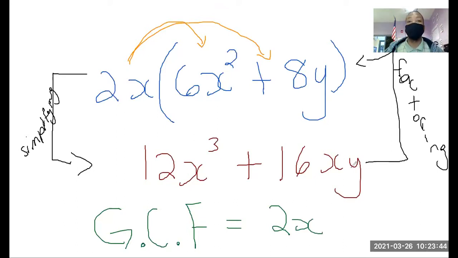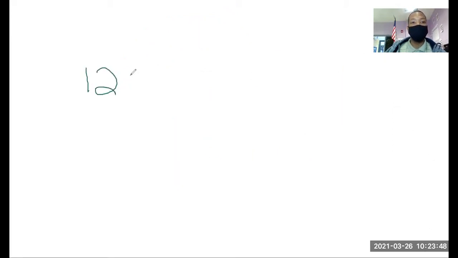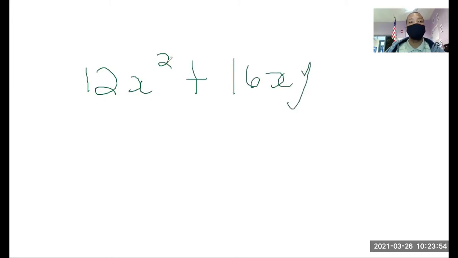Let me write this question back up here: 12x cubed plus 16xy. We realize that 2x is a greatest common factor, right? We could get 2 and x from both of them, so that makes it a greatest common factor.